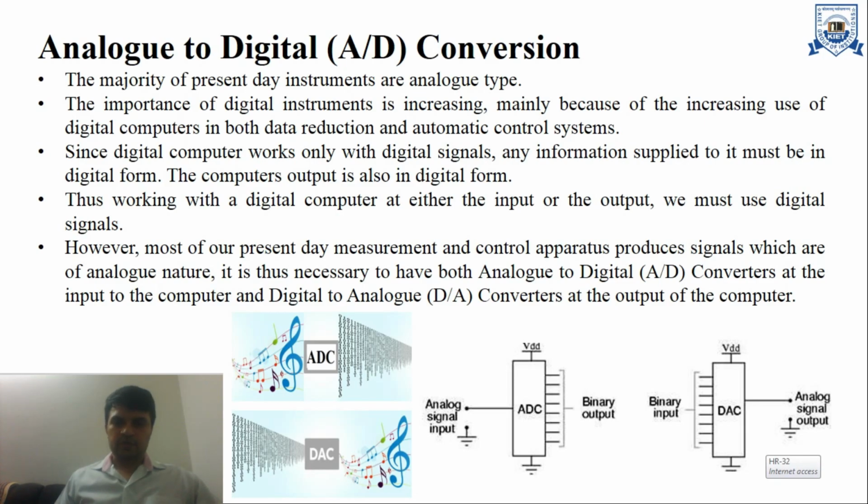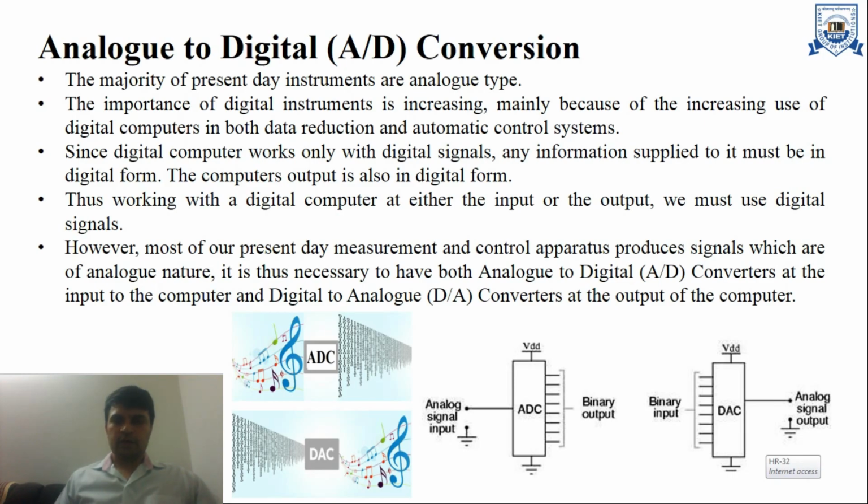It reads only 0 1 only. Thus, while working with digital computers at either input level or output level, we must use digital signals. So our computation time is reduced. However, most of our present day measurement and control apparatus produce signals which are analog in nature.